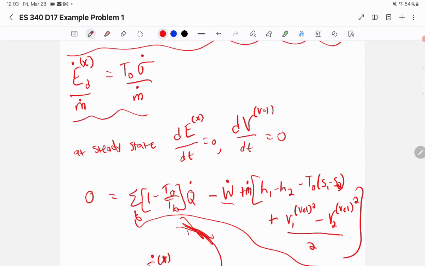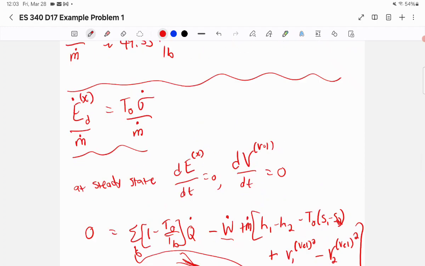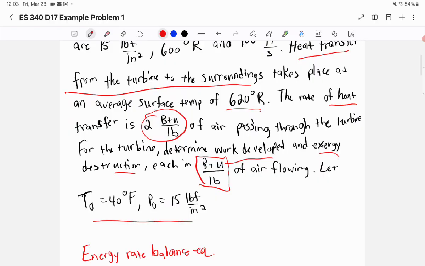There's only one heat transfer happening here, and the temperature it's happening at was given up here, 620 degrees R. So that's our T_B, the temperature at which the heat transfer is happening.